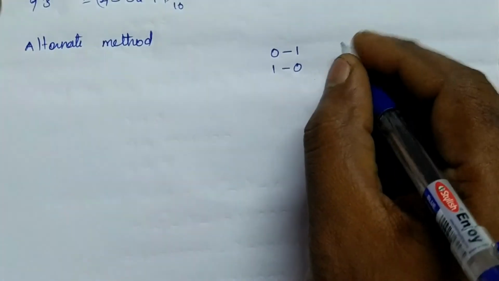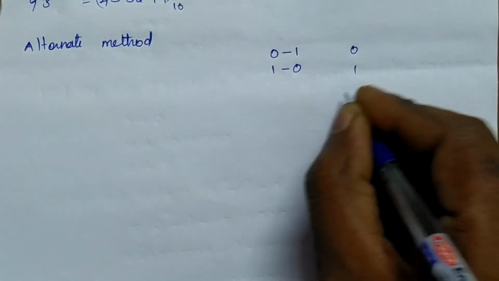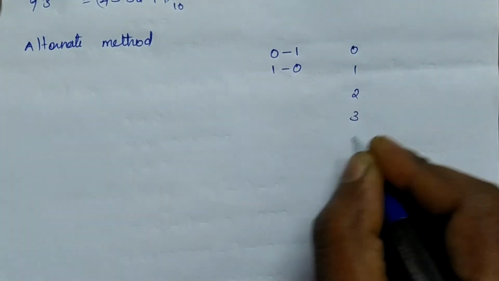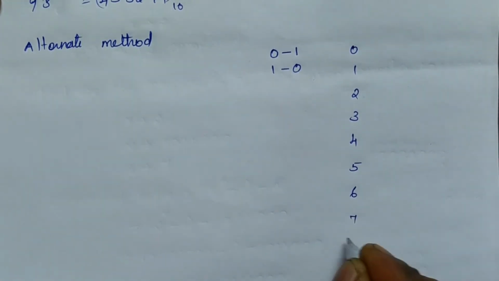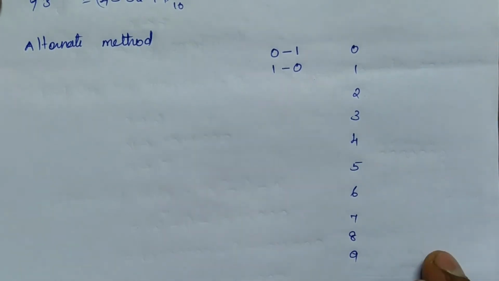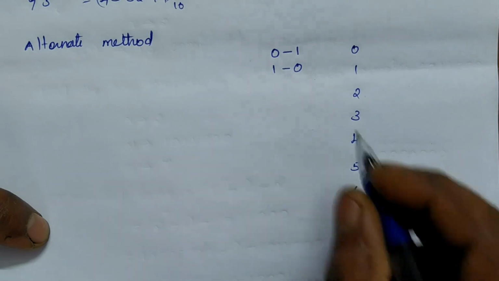But in decimal, we have the values 0, 1, 2, 3, 4, 5, 6, 7, 8, 9. So totally 10 values we are having. Then what we need to do is, from the bottom we need to start the value.